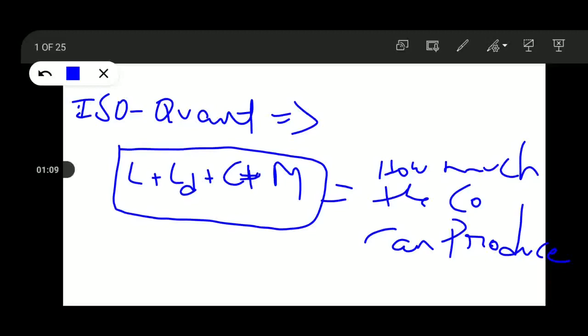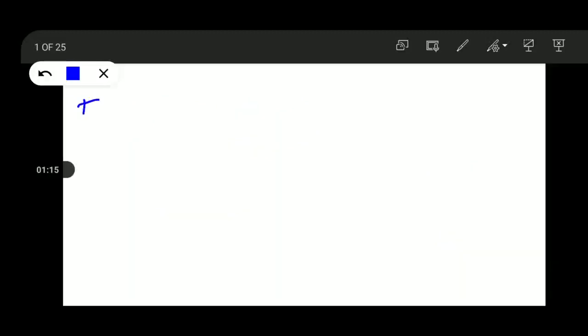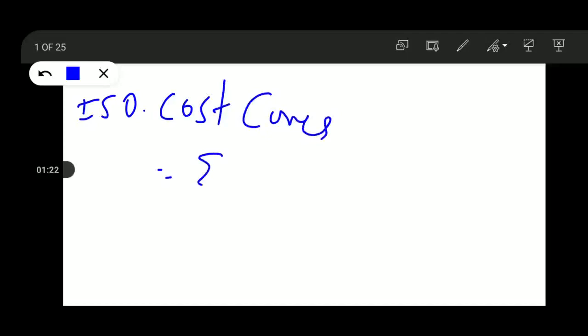Isoquant is equal quantity, whereas the isocost curve says equal cost. That is, isocost establishes combinations of factors that cost the same amount.